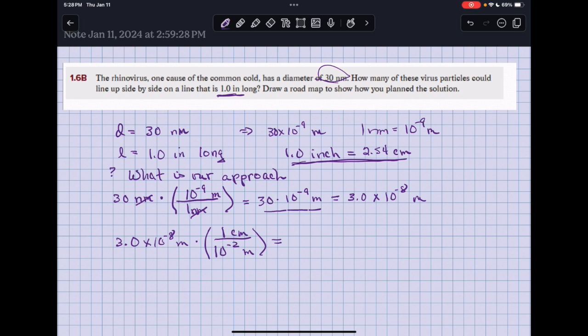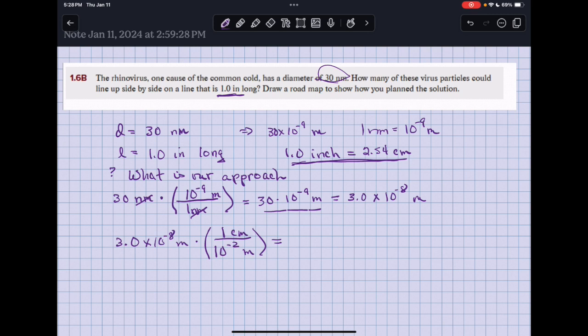Now, if you're doing this in your calculator, and certainly if you have questions about how to do these kinds of things in your calculator, make sure you ask. I know there are some ways that you can get confused about how to enter exponents in your calculator, and I can't necessarily demonstrate that in this particular video. But if you're working on this and you're not clear about how to enter things in your calculator, I do want you to ask me so that I can help you with that.